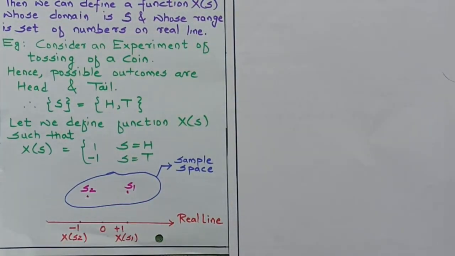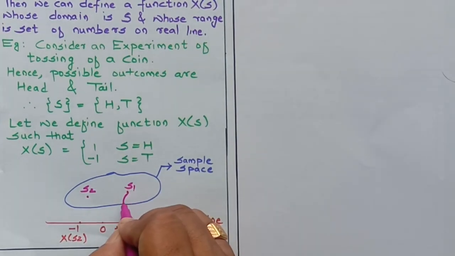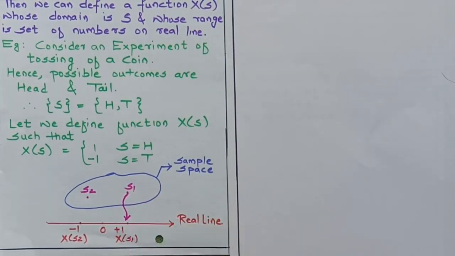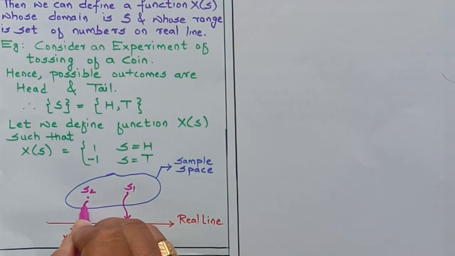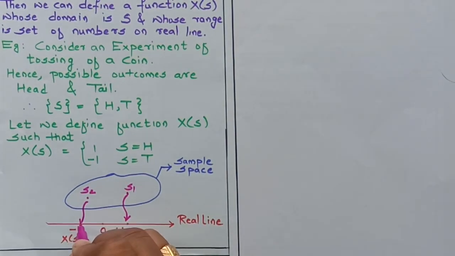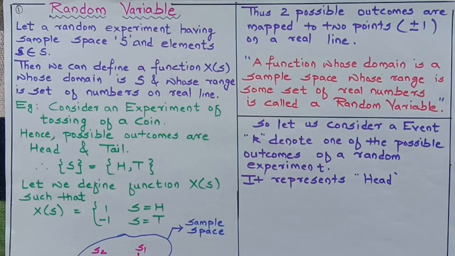Now the mapping of these sample points on the real line: x of S1, head, maps to +1 on this real line, whereas S2, that is tail, maps to -1. So the two possible outcomes are mapped onto these two points, that is +-1 on the real line.